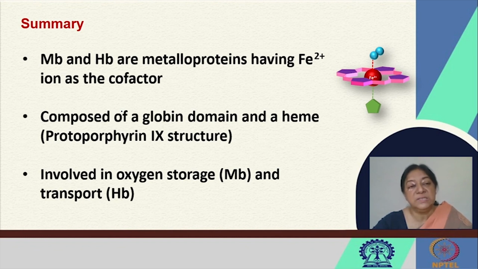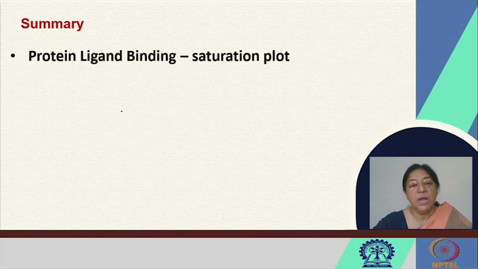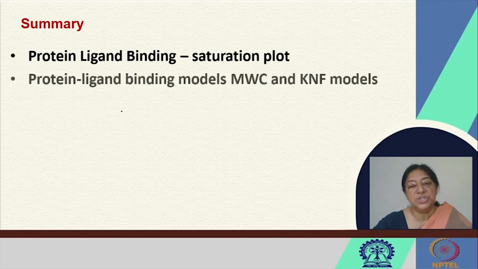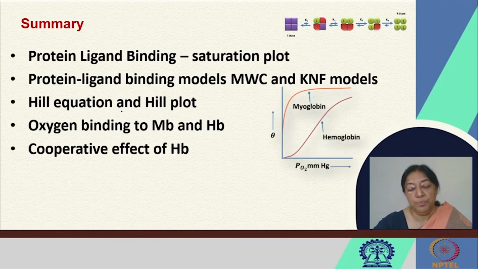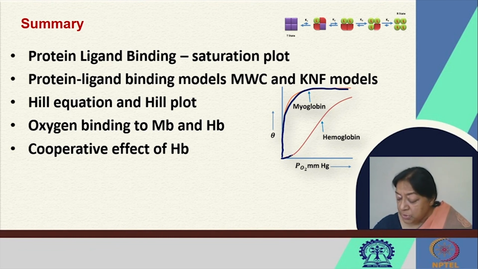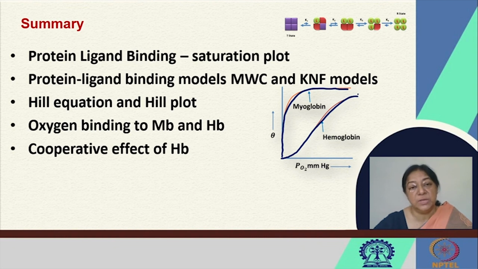We looked at the specific types of curves associated with their binding, and we found out that in the protein ligand binding saturation plot we have a hyperbolic type binding for myoglobin, it being a storage protein, and for hemoglobin we have this type of sigmoidal curve, it being a transport protein.